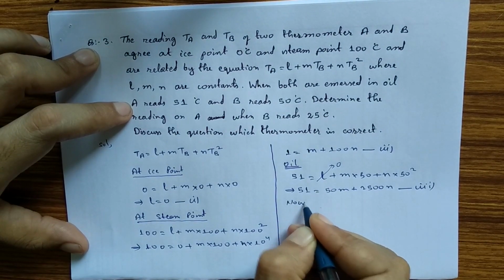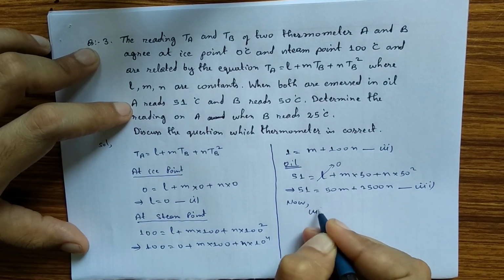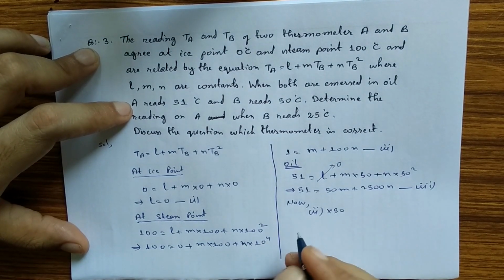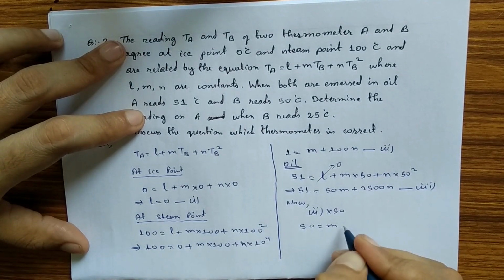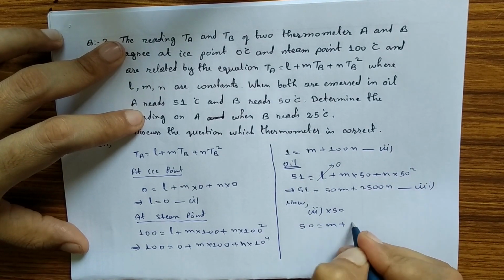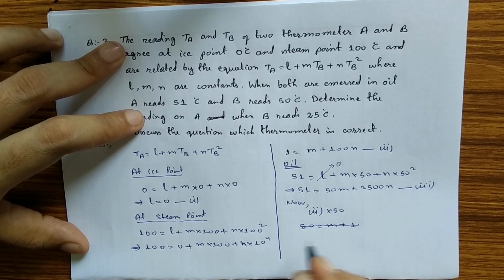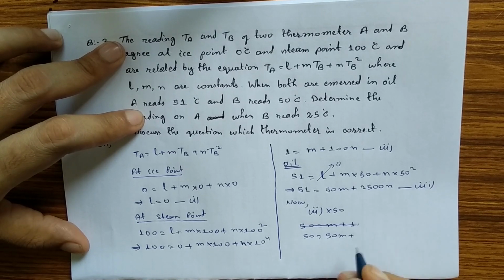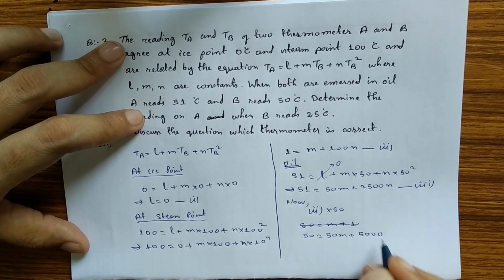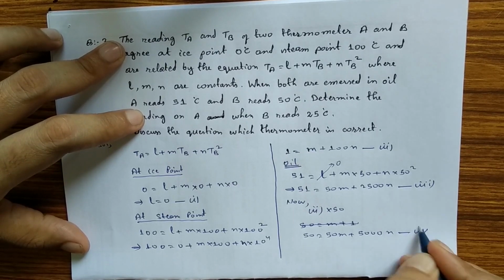Now multiplying equation 2 with 50, we get 50 equal to 50M plus 5000N. This is equation 4.